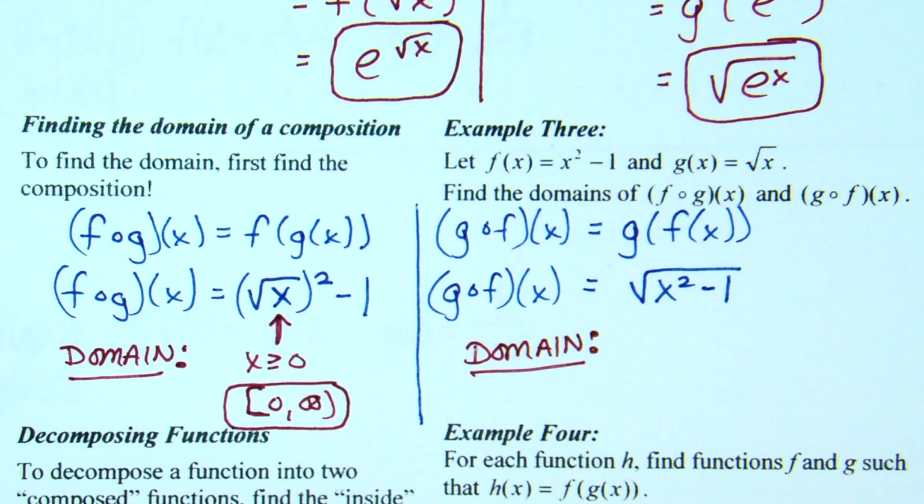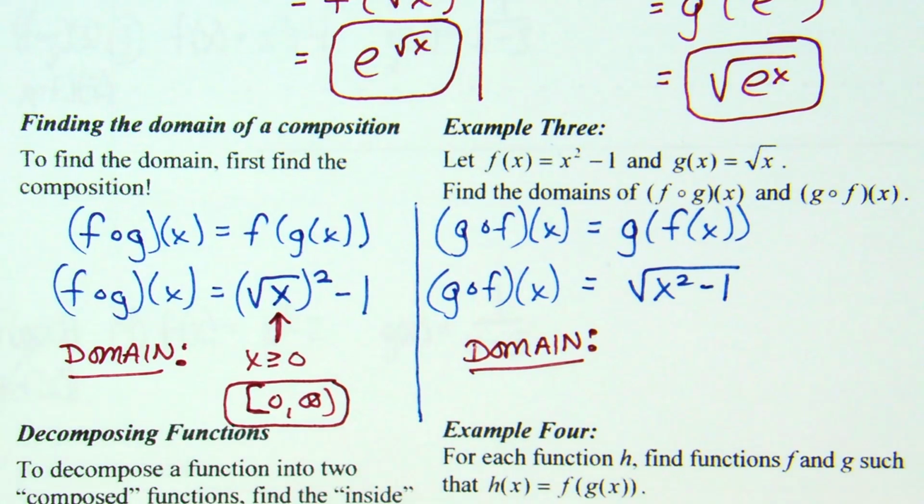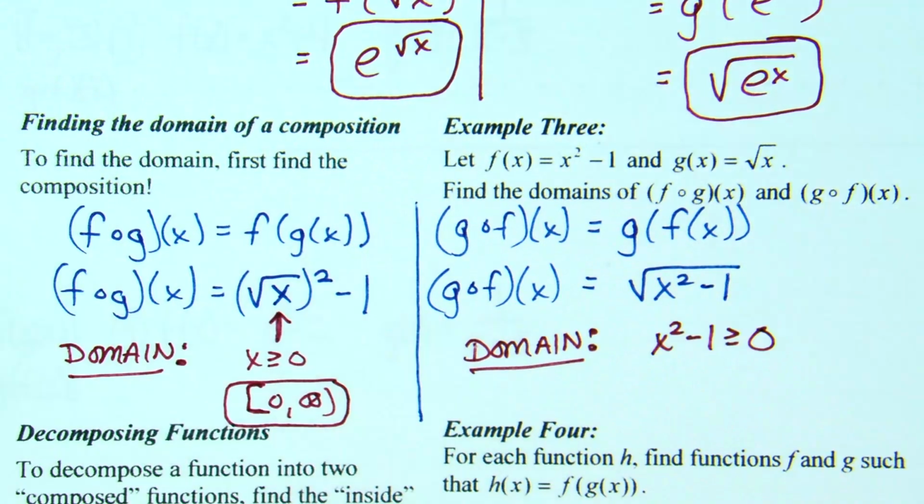Over here, x was under the radical, and so x had to be greater than or equal to 0. It had to be positive. Over here, x squared minus 1 is under the radical. So what's that mean about x squared minus 1? x squared minus 1 has to be positive, so greater than or equal to 0.